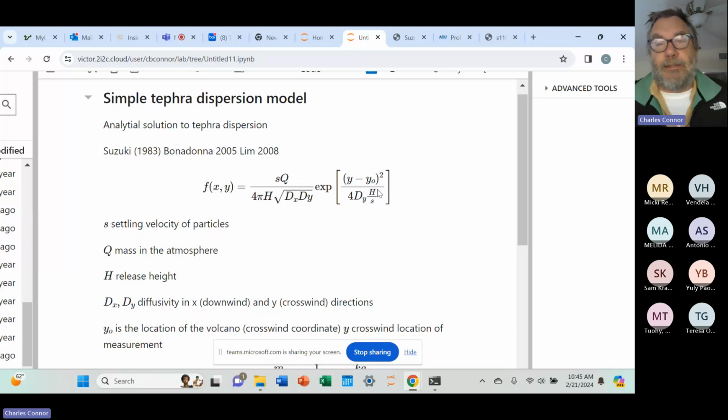If h is big, released very high in the stratosphere or something like that, then that denominator is going to be very big and it's going to take a long time. It's going to have a very broadly spread out footprint. If h is small or the settling velocity is high, the denominator is small and the whole term becomes bigger, and the footprint is more concentrated. So that's how that works in the crosswind direction.